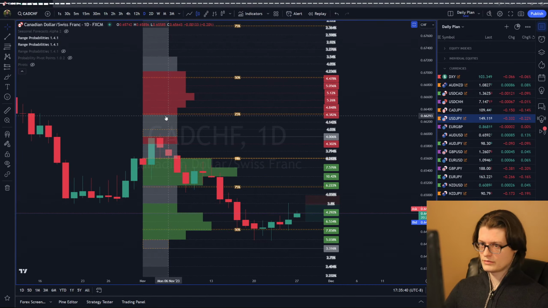So then if price were to cross this area here, they can step out of the way in case price does go to this higher probability area right here. Around 66.